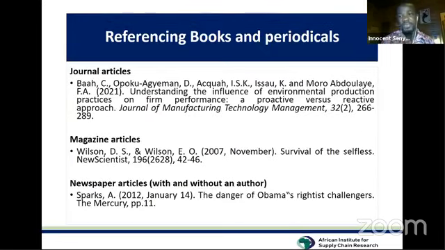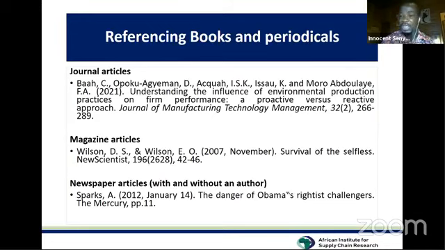So looking at the format we saw earlier, a journal article published by these authors will be cited as follows. Ba Opoko Ajiman Acquah Isalmuru, etc. 2021. The title of the article is Understanding the Influence of Environmental Production Practices on Firm Performance, a Proactive versus Reactive Approach.